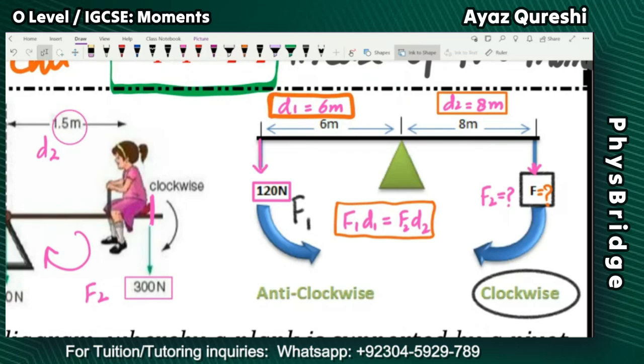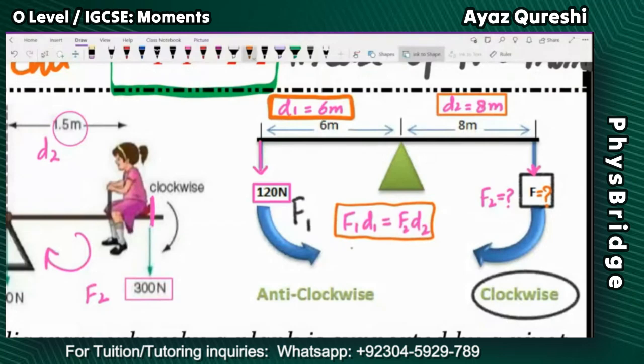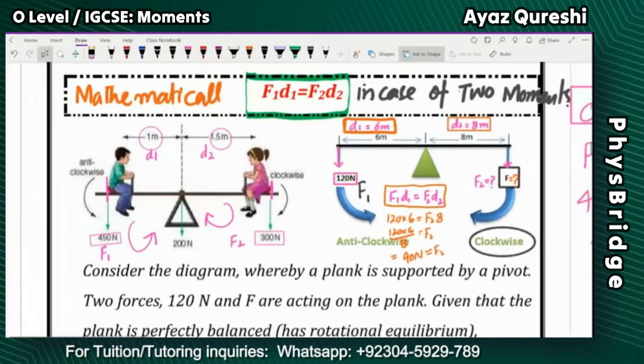F1 is 120 Newton and D1 is 6, F2 is unknown and D2 is 8. F2 will be 120 times 6 divided by 8. So what will be that? Solve here, 90 Newton.